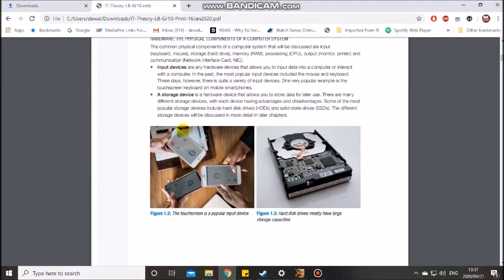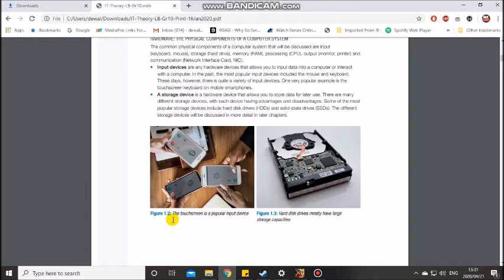A storage device is hardware that allows you to store data for later use. That includes something like the HDD or SSD, which are your hard disk drives and your solid state drives.